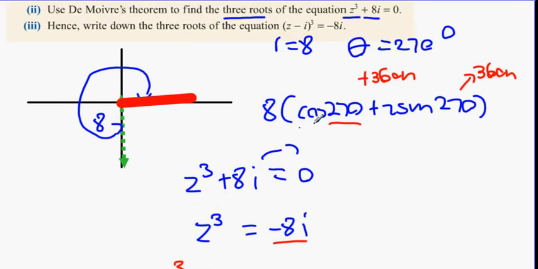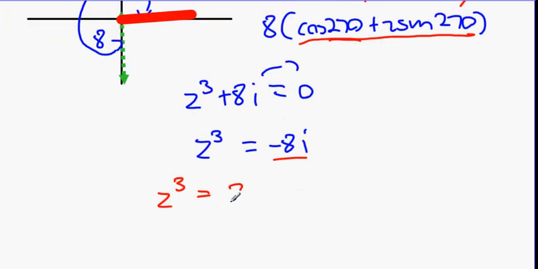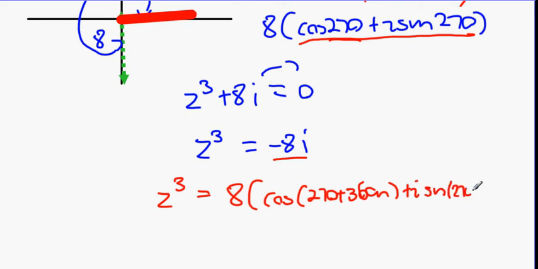It's the same thing as this complex number here, except we're going to put in the 360n. So it's going to be 8 times cos of 270 plus 360n plus i sin of 270 plus 360n.